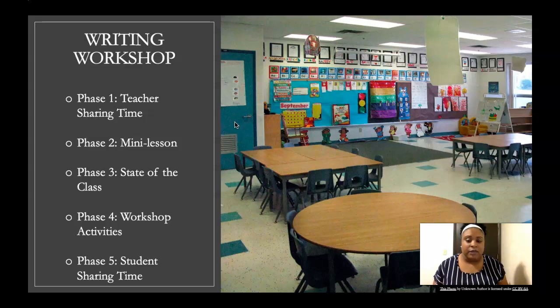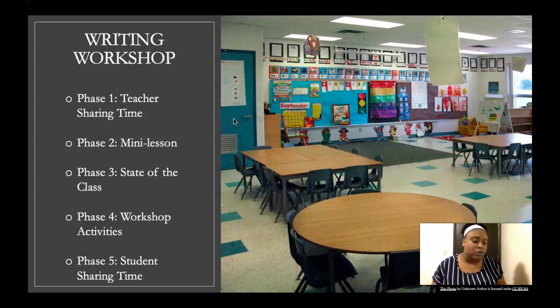Then once they finish with that, they can do some peer conferencing, get some feedback from other people around them. And once all that is done, they will go into editing. Now, the editing can be done either with a teacher or with their peers, just based on what you want to do as a teacher. Okay, and once all of that is done, they will then be preparing for publishing.